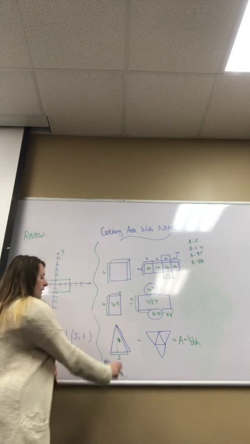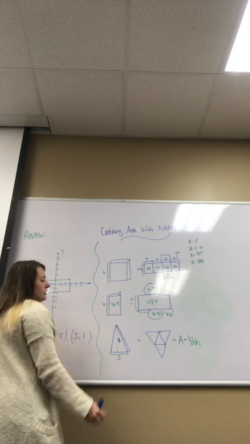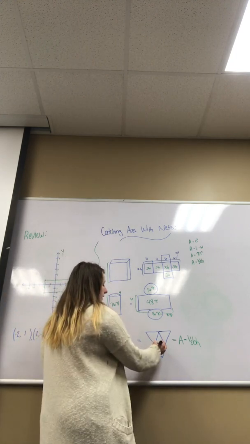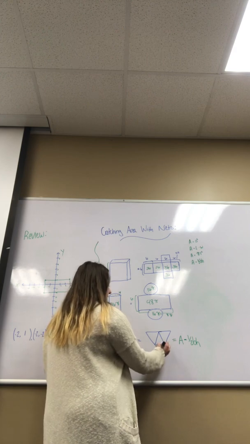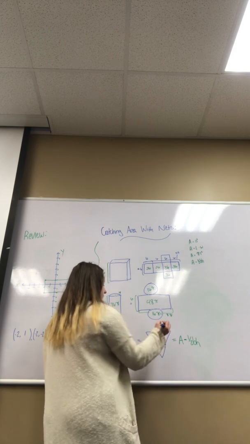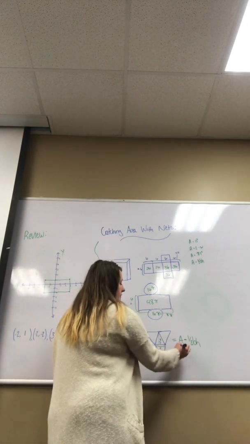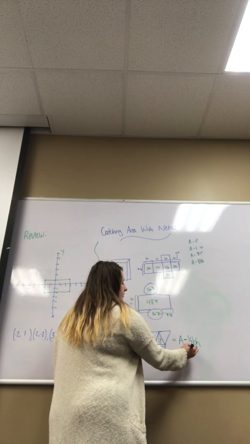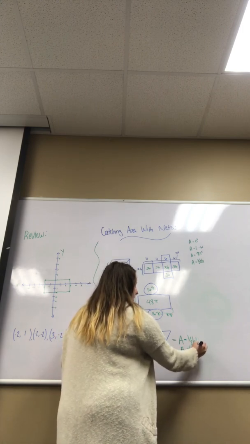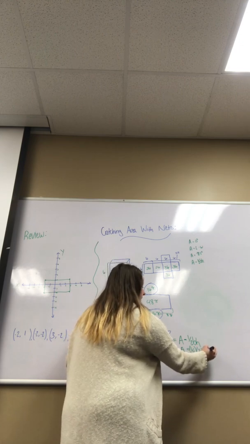So our base is the bottom, which is 3, and our height is 8. So when we come over to this triangle, we have our base here is 3, and our height is 8. Okay? So we're going to do A equals half times BH, and then we're going to plug in our numbers. So we have half times our base, which is 3, times our height, which is 8.